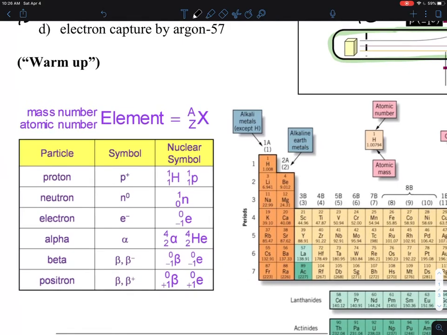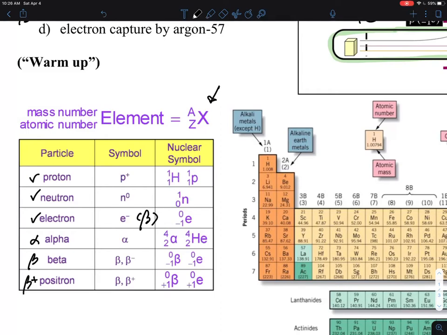This is the table that I hope you are familiar with. We talked about proton, neutron, electron, alpha ray, beta ray, but beta can be a positron or an electron. So this is an electron, which is a beta ray, and a positron, which is a beta plus.